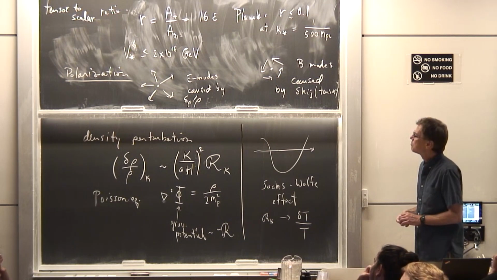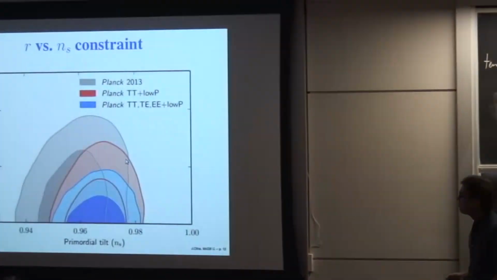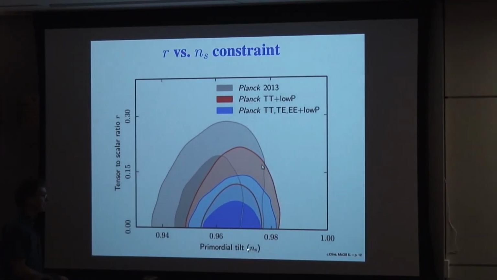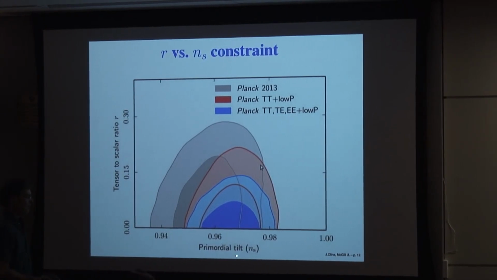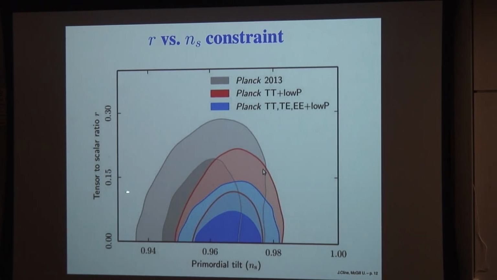So this is the nice result that no doubt you've seen many times before, that's combining constraints on the spectral tilt versus the tensor-to-scalar ratio. And here is the central value that I quoted for n sub s, and around here is the 0.1 limit.